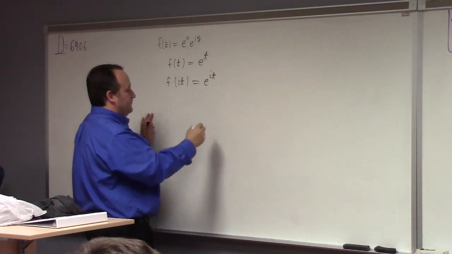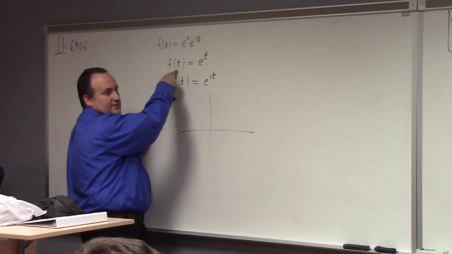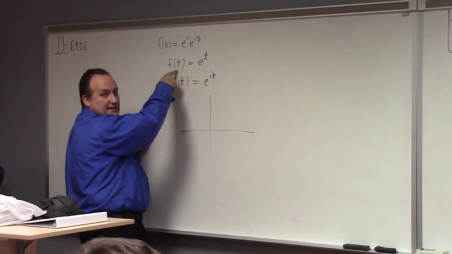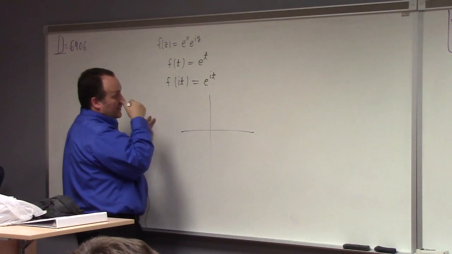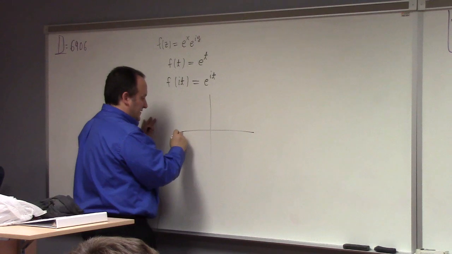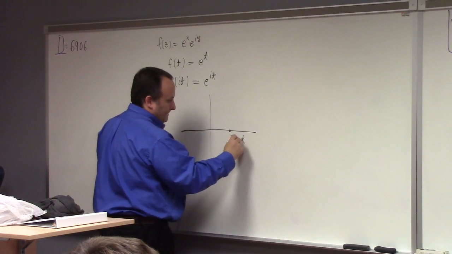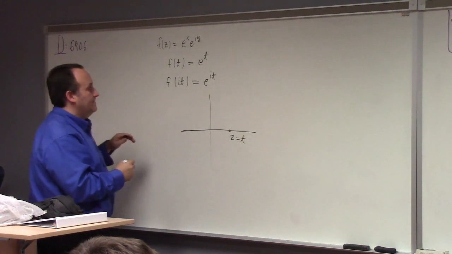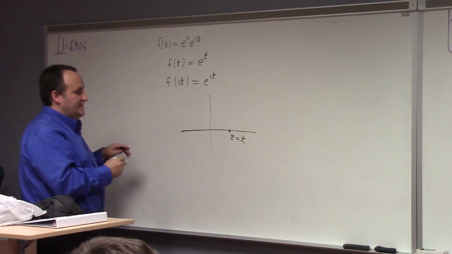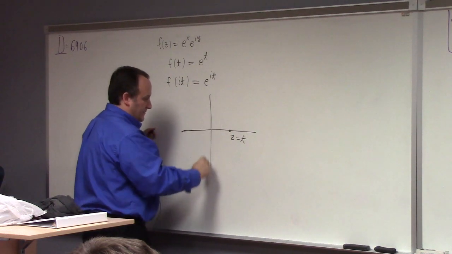So, in other words, z equals t is what? z equals t is real, right? So it's basically just this. Here's z equals t. z equals it is what? That's here, right?